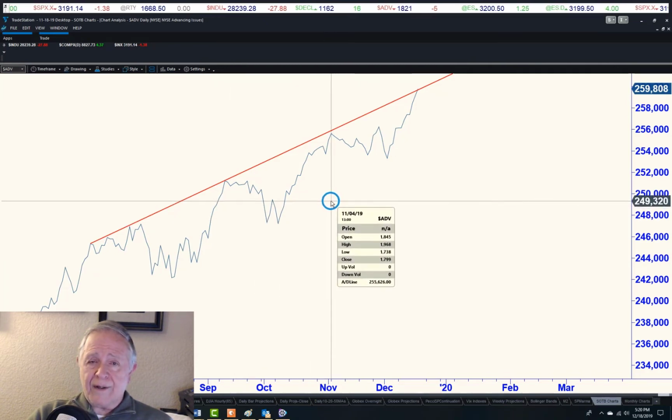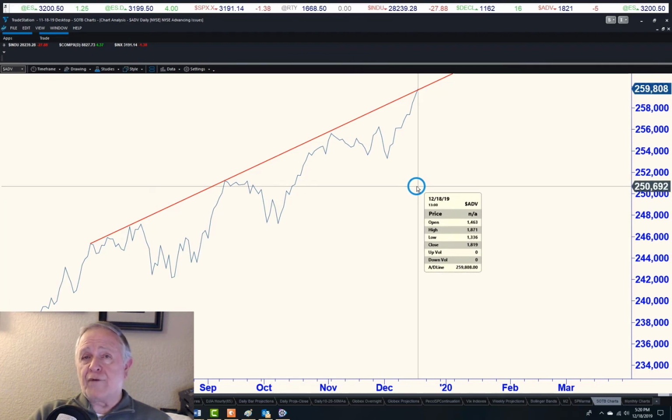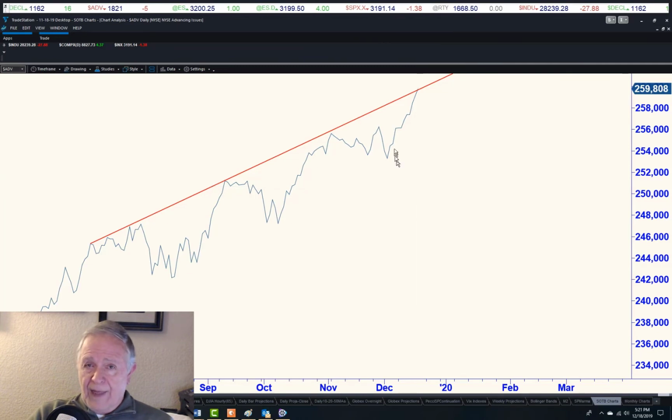This high on November 4th just missed getting up to it, and now we got up to it full-fledged today, December 18th. So that also is saying there might be a little resistance here. Doesn't mean we have to stop there, but this is an area where you might look for some resistance.